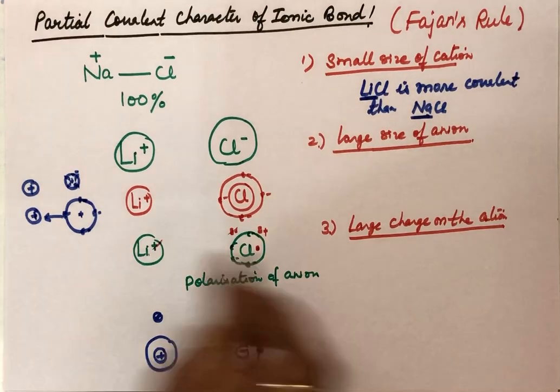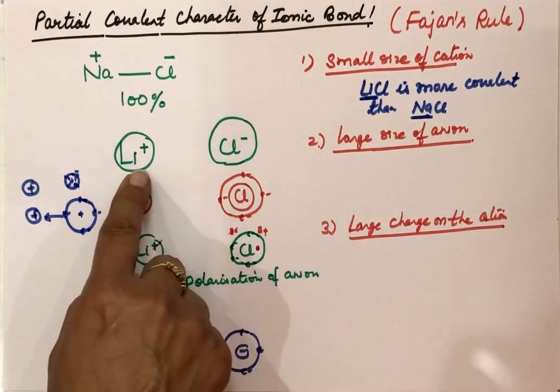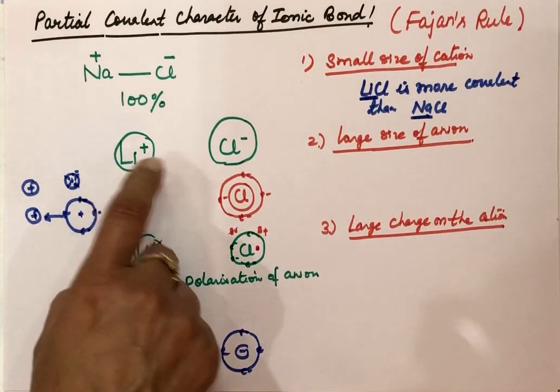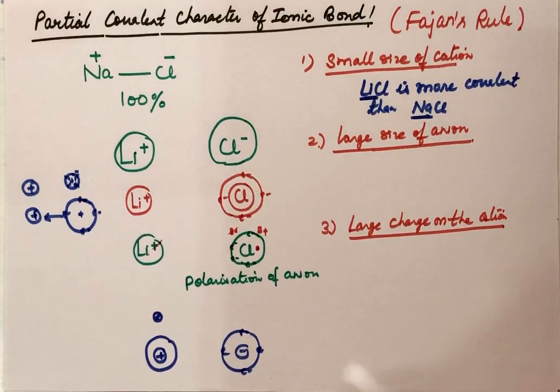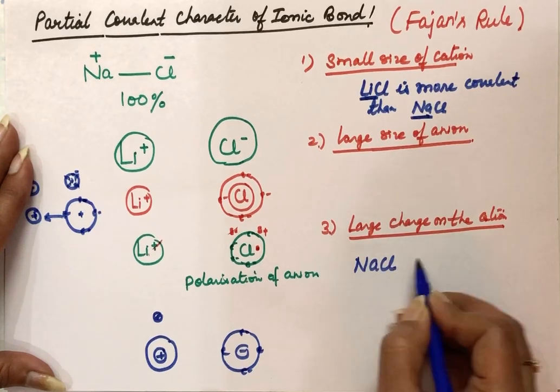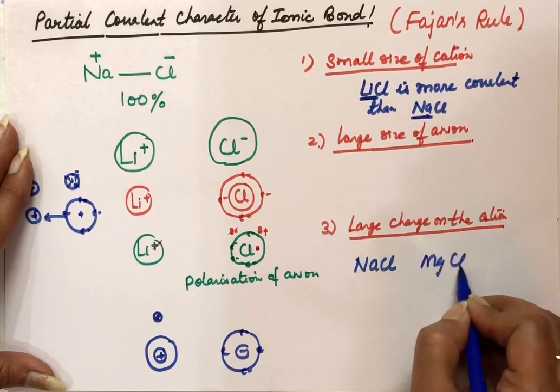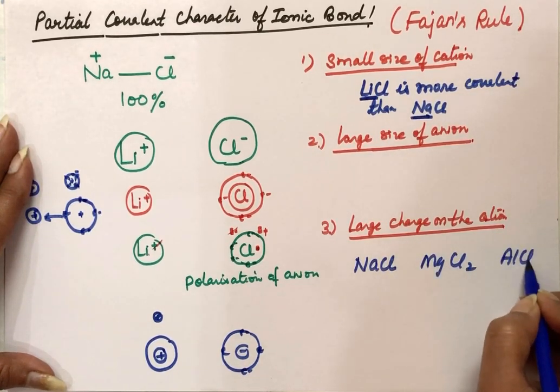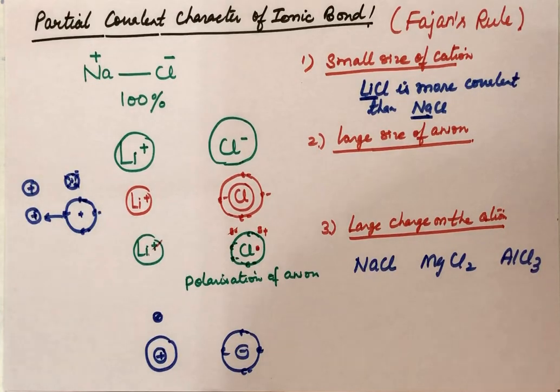Large charge on the cation. If the large charge is there on the cation, more is the charge, of course, more easily it can pull the electrons and more will be the polarizability of the anion. More is the polarizability, that means more is covalent character. For example, NaCl, MgCl2 and AlCl3; we will take the cation charge.